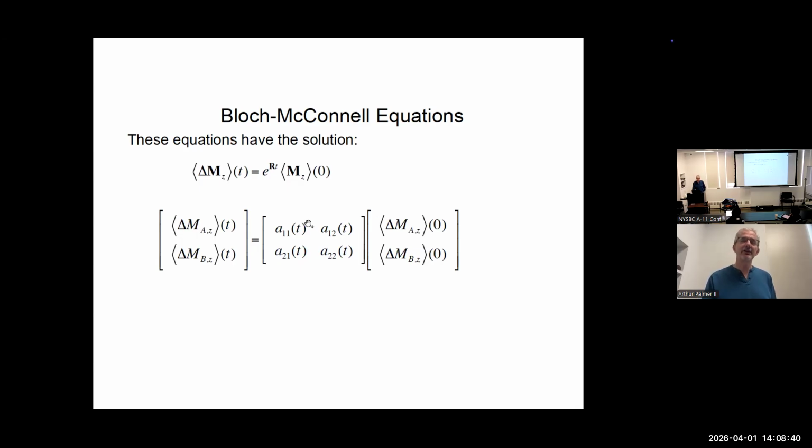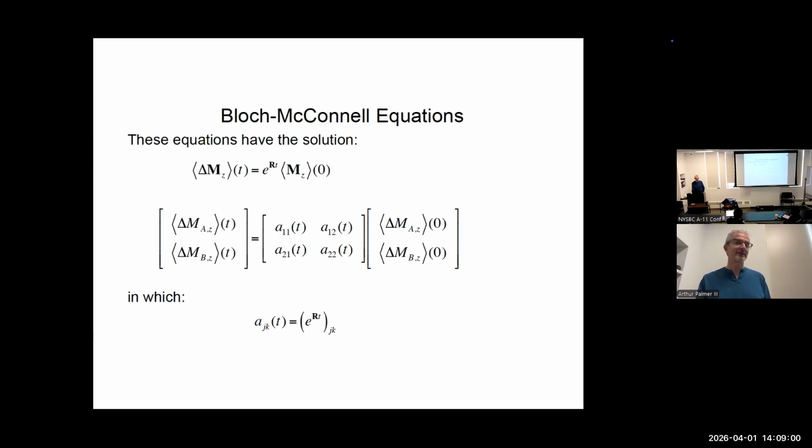So these are called various things, maybe transition matrix elements or transition amplitudes. What are the units? Well, these are the matrix elements of this. So what are the units in e to the Rt?